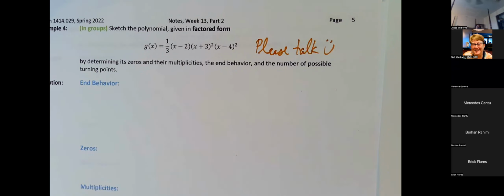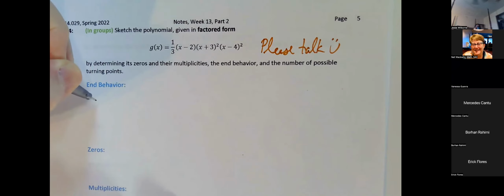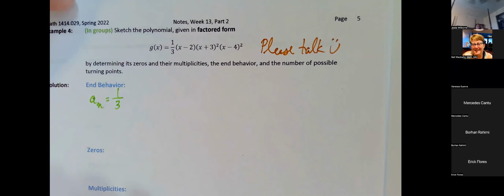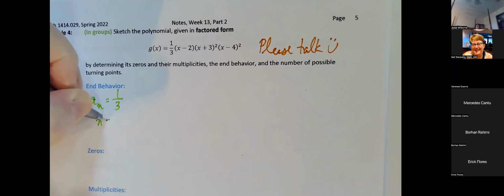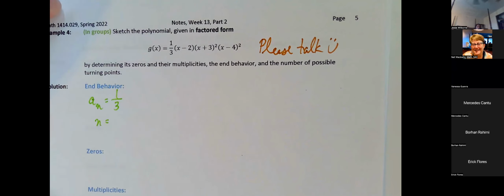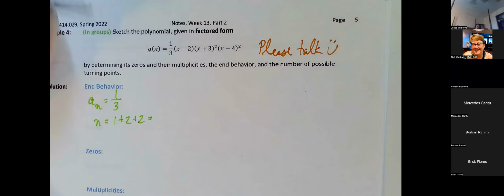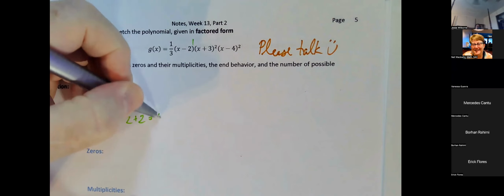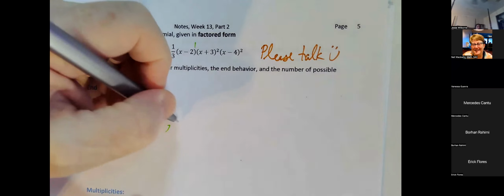All right, so I think we're going to start with the power term, which is 1/3. And then we're going to find n by adding up all the exponents. So we've got 1, 2, and 2. That would be 1 plus 2 plus 2, which would equal out to 5, which would give us an odd n.